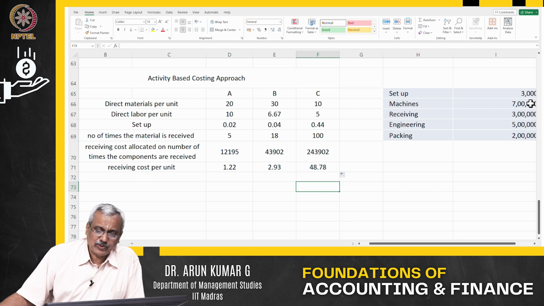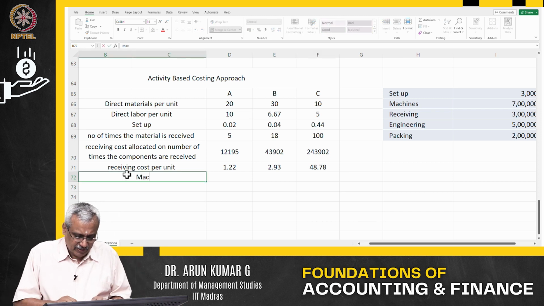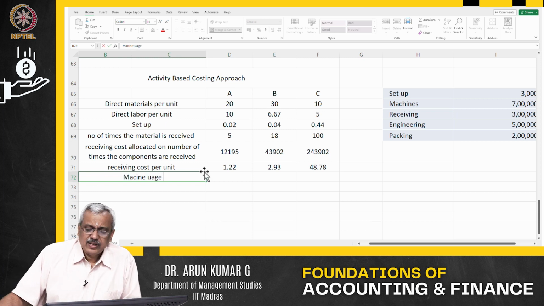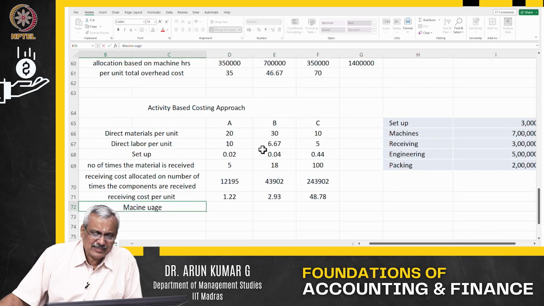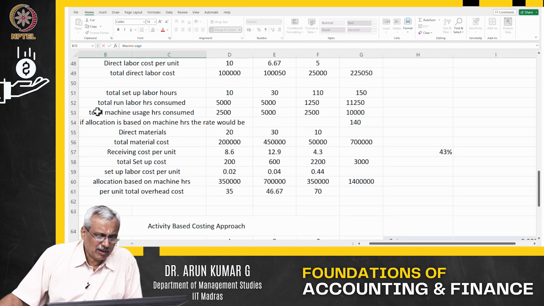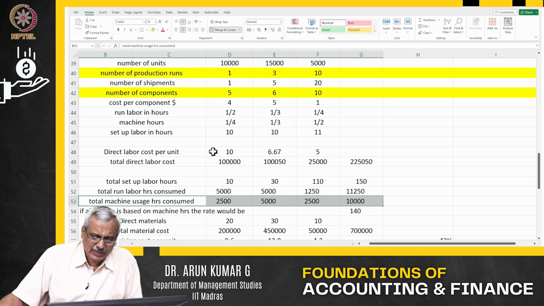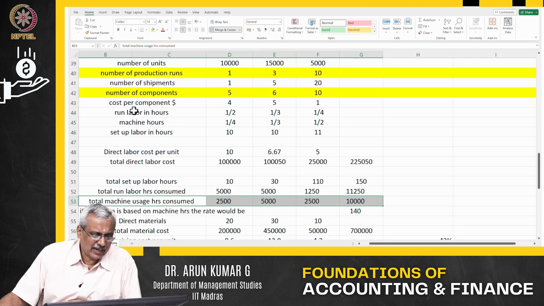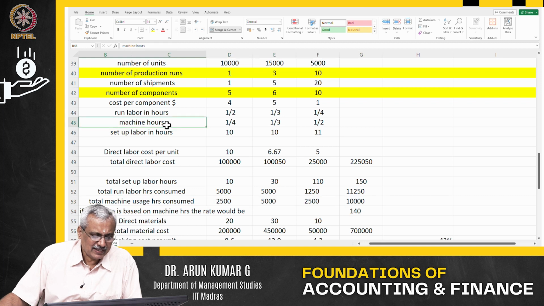Machine usage is 700,000. Machine usage is basically dependent on the number of machine hours consumed. In this particular case, it is per part.